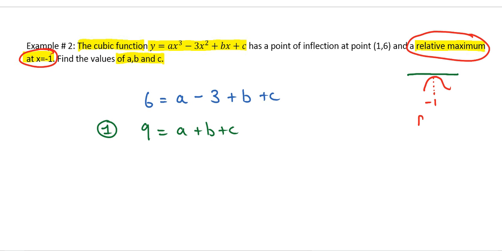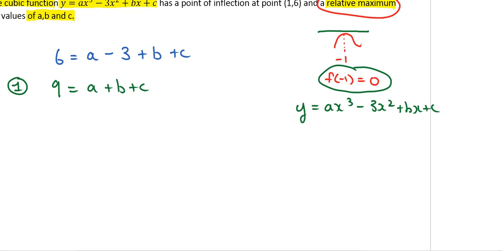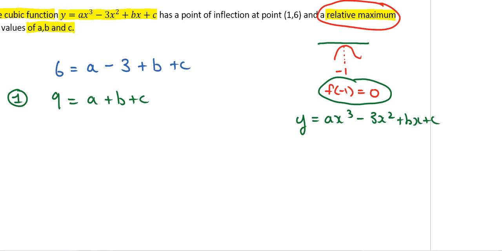If my original equation is y equals ax cubed minus 3x squared plus bx plus c, I need to take my first derivative here. Sorry, I forgot my prime here. This is f prime of -1 equals 0.